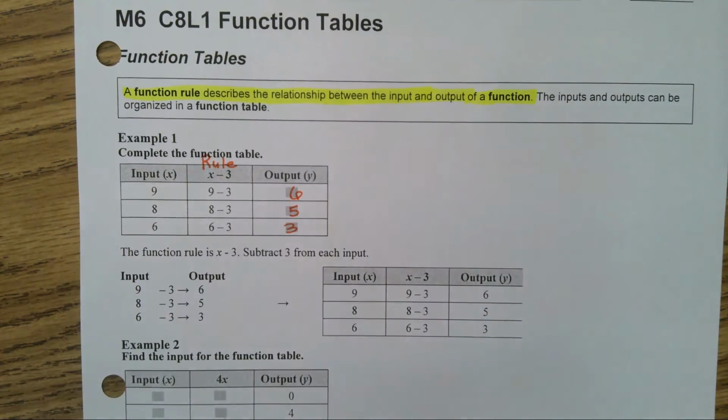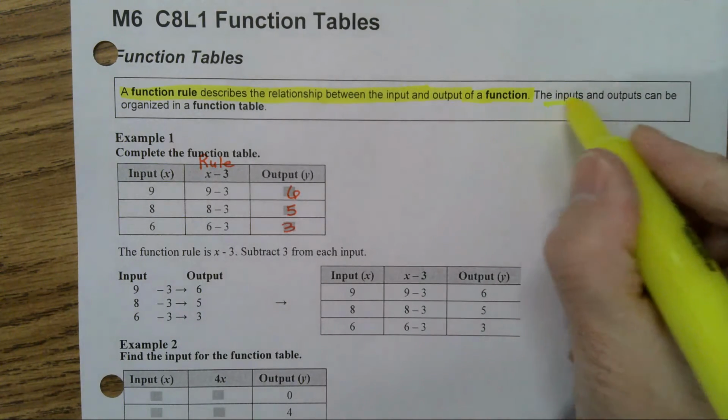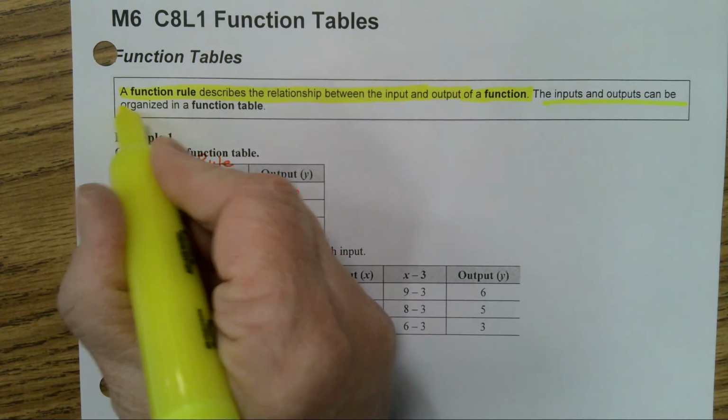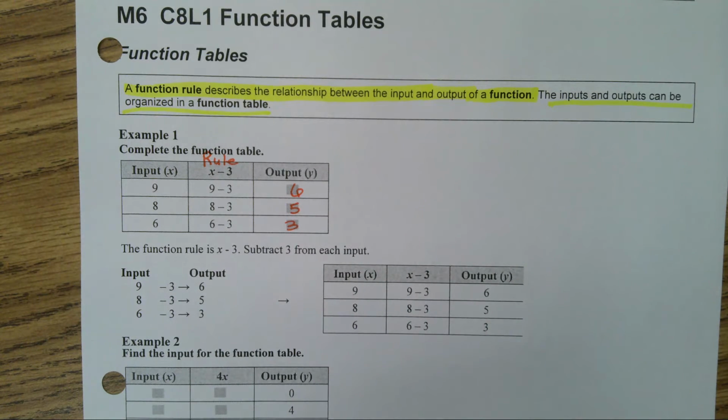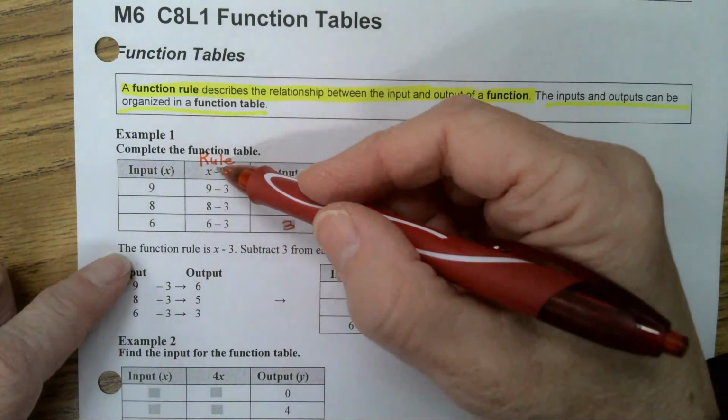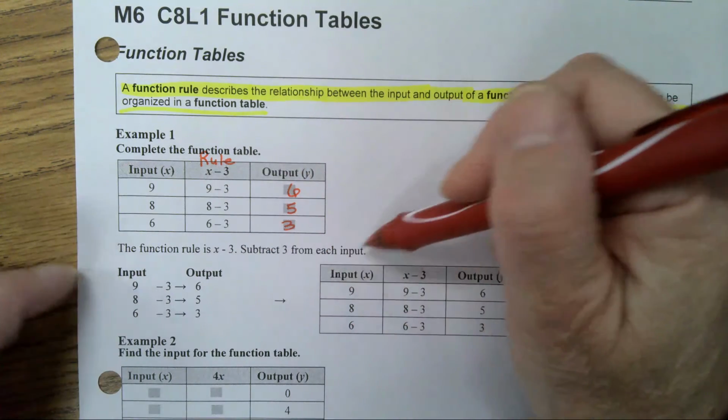Very simple. It says here that the rules, the inputs and outputs can be organized in a function table. So it's just organized in a function table. It says the function rule X minus 3 means subtract 3 from each input.